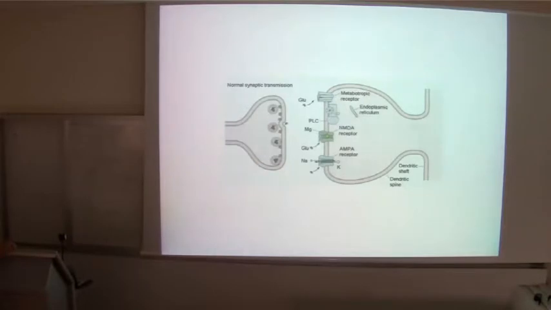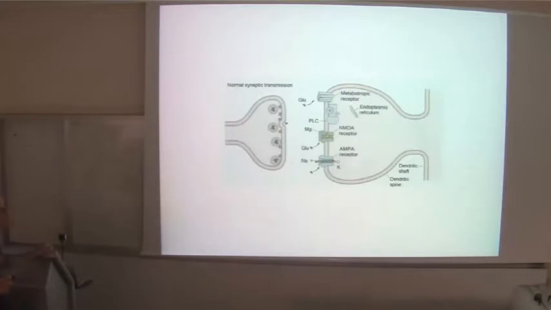The other receptor is also a receptor for glutamate. It has two binding sites for glutamate, but in order for it to open, there is this site of magnesium block, and when magnesium is in the medium, it blocks the receptor in a voltage-dependent manner.